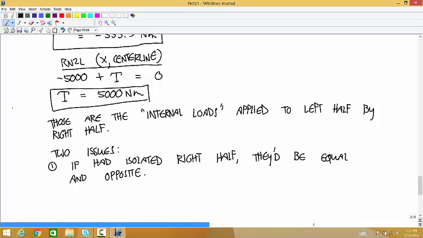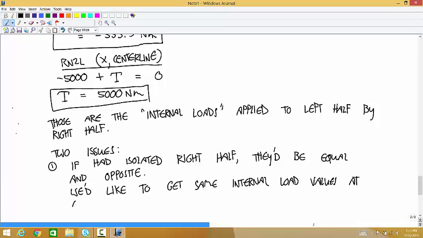And the problem is we'd like a sign convention where those internal loads represent the place on the beam that we're looking at and not how we calculate it. Okay? So we'd like to get the same internal load values at a point, independent of how we calculate it.